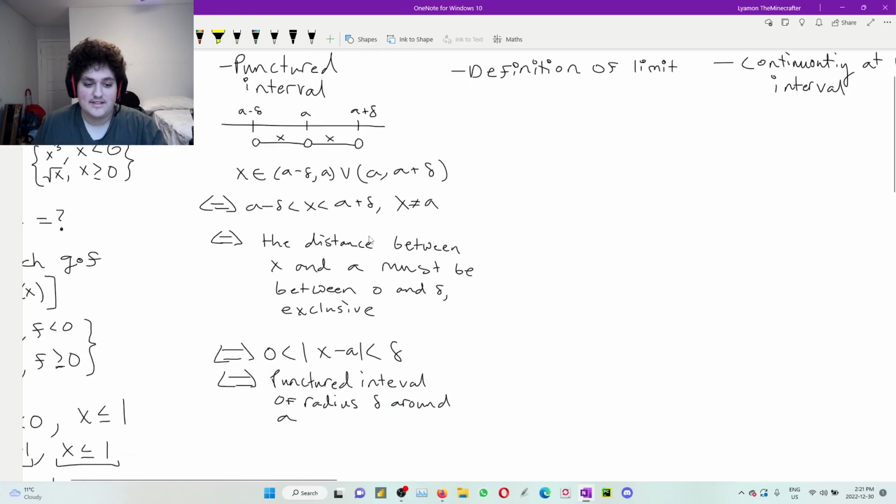So the idea is you can have a punctured interval of radius delta around A that looks like this. So x is in this range.